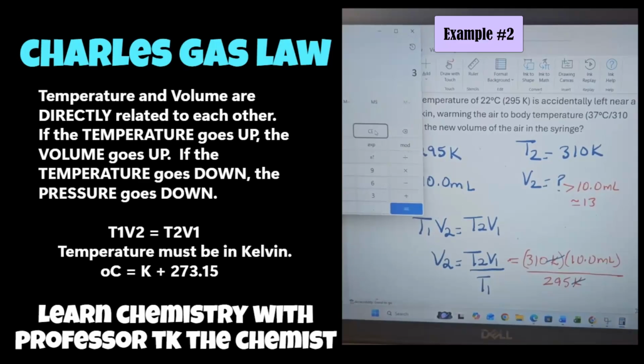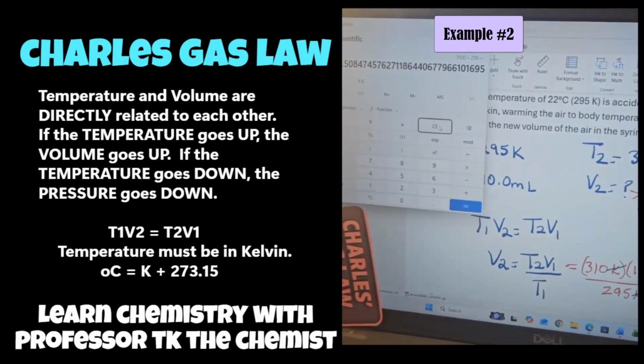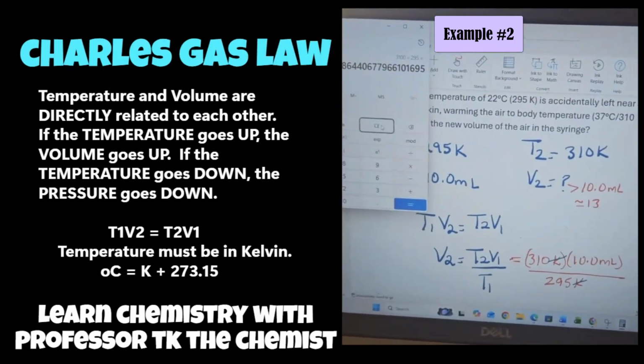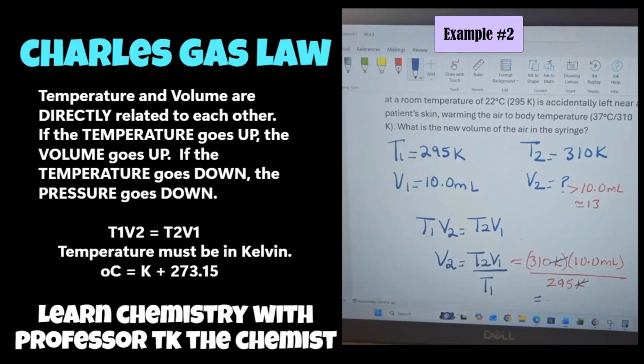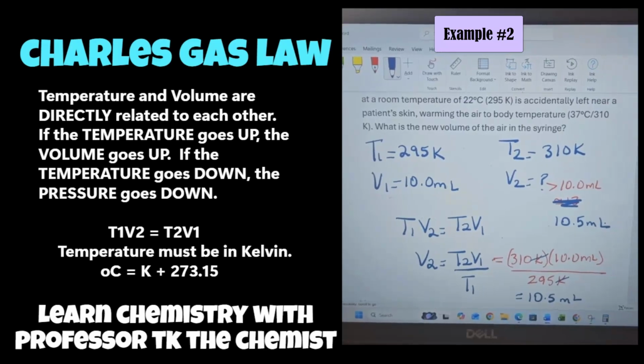We've got 310 times 10.0 divided by 295, and we get 10.5. See that? 10.5. So again, like I said before, it did not go up that much. Because see right here, 295 to 310 wasn't a lot. It was about 15, right? So same thing here. So our answer is actually 10.5 milliliters.